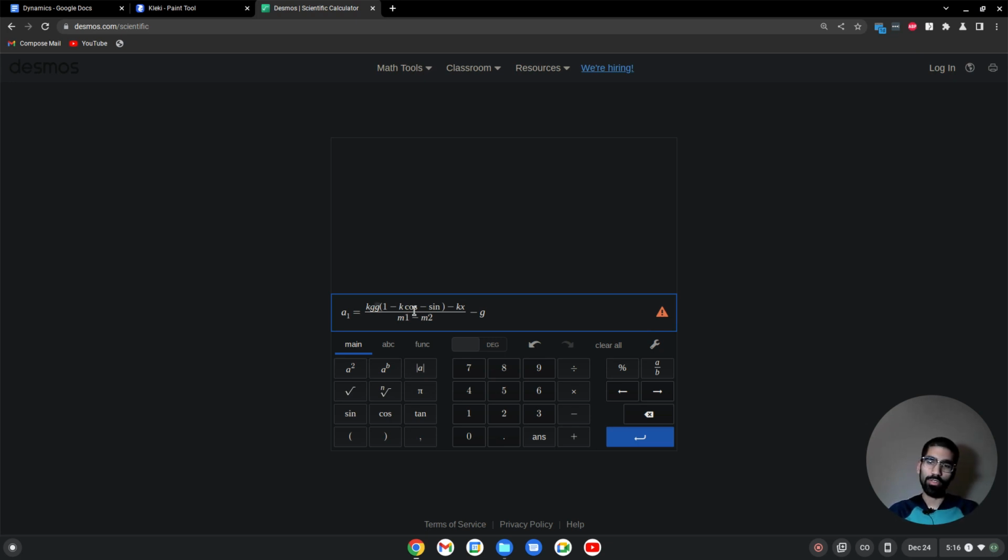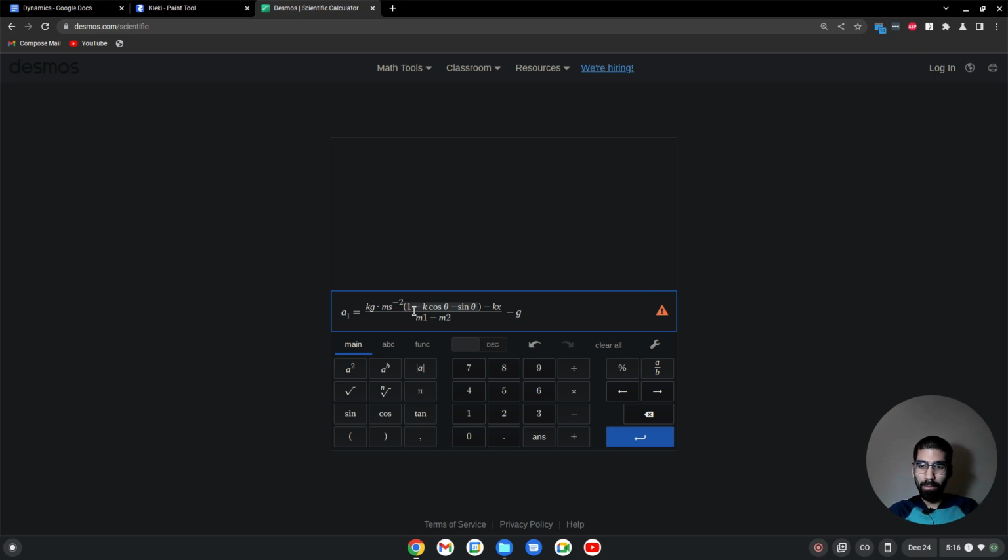The gravitational constant, it's going to have units of meters per second squared because it's acceleration. All of this stuff over here, this should be cos theta, sine theta. All of this, it's just going to be multiplied, right? So this is some unitless number, this is some unitless number, k is a unitless number.